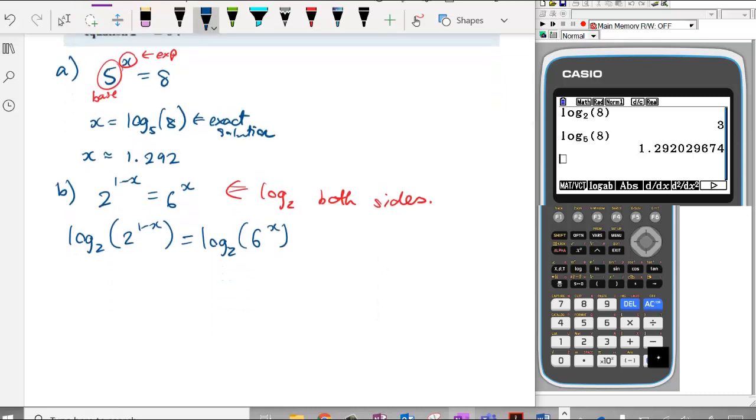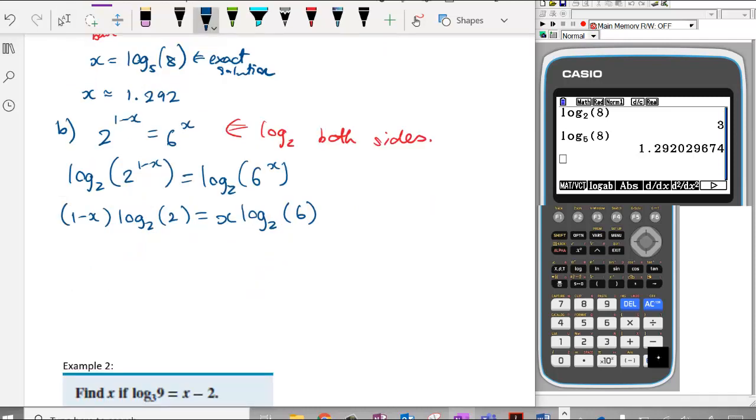Now if we apply our power law, then what we end up with on this side is 1 take x multiplied by log base 2 of 2. And on this side, we bring this x down, and we've got x log base 2 of 6.